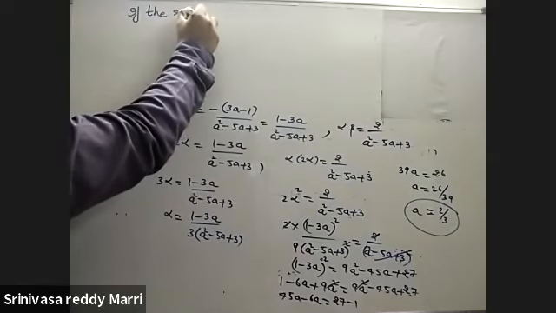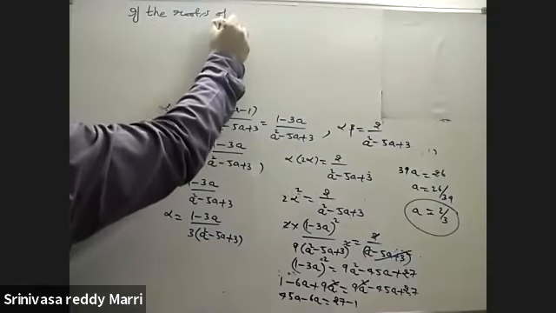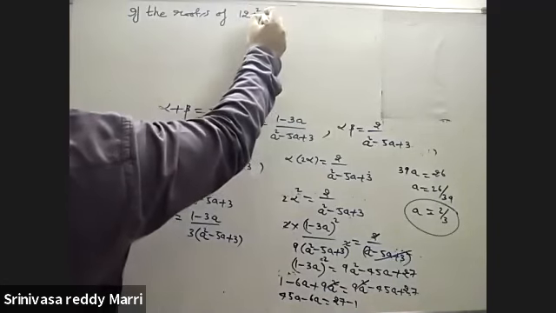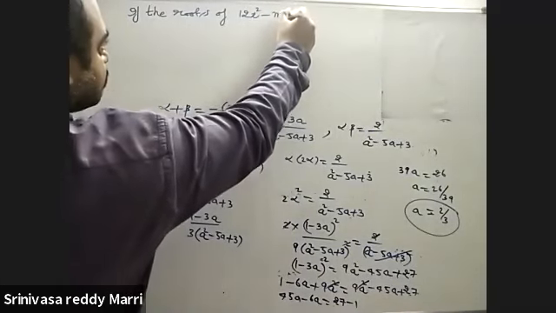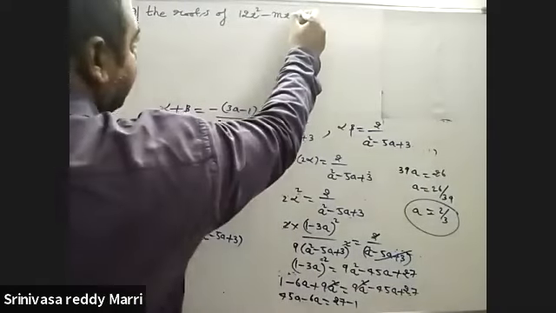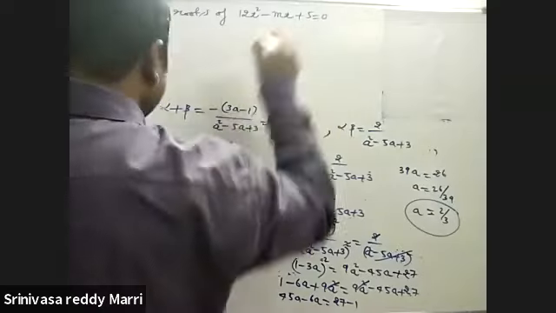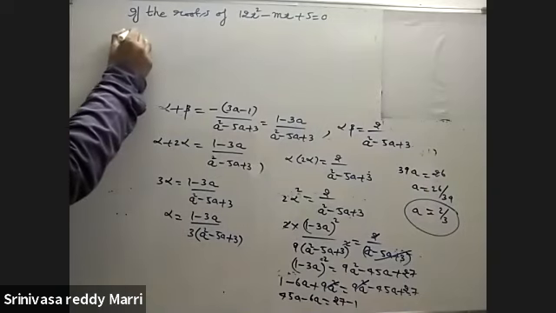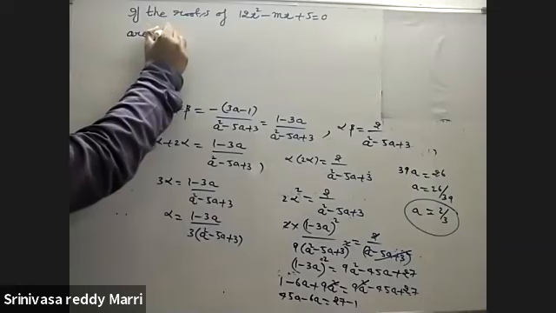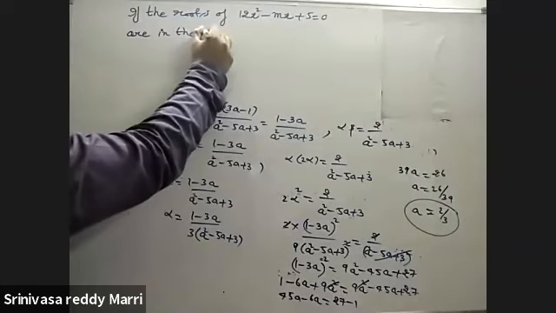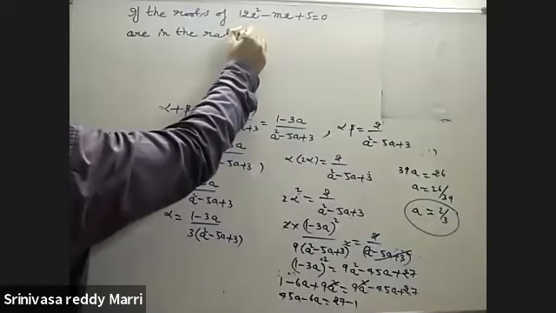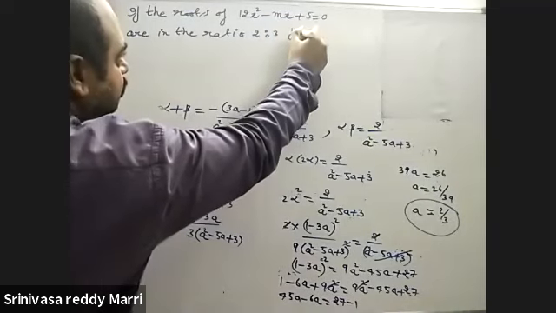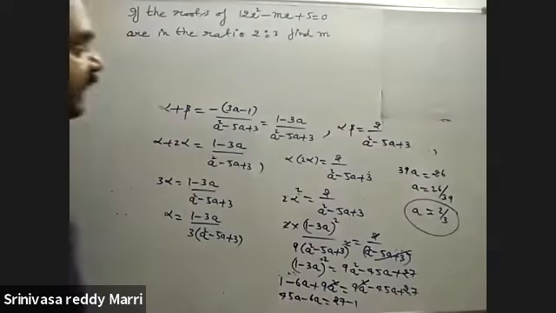If the roots of 12x square minus mx plus 5 equals 0 are in the ratio 2:3, find m.